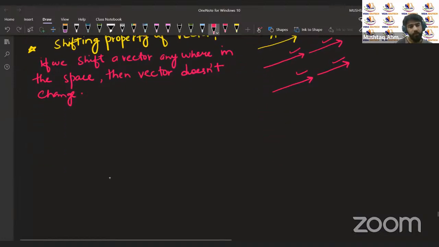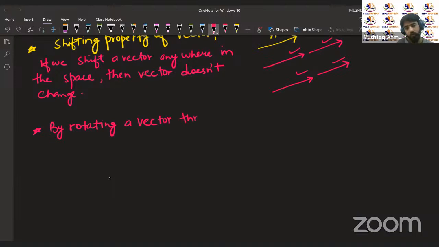The second property is that by rotating a vector through some angle, the vector does not remain the same, the vector changes.